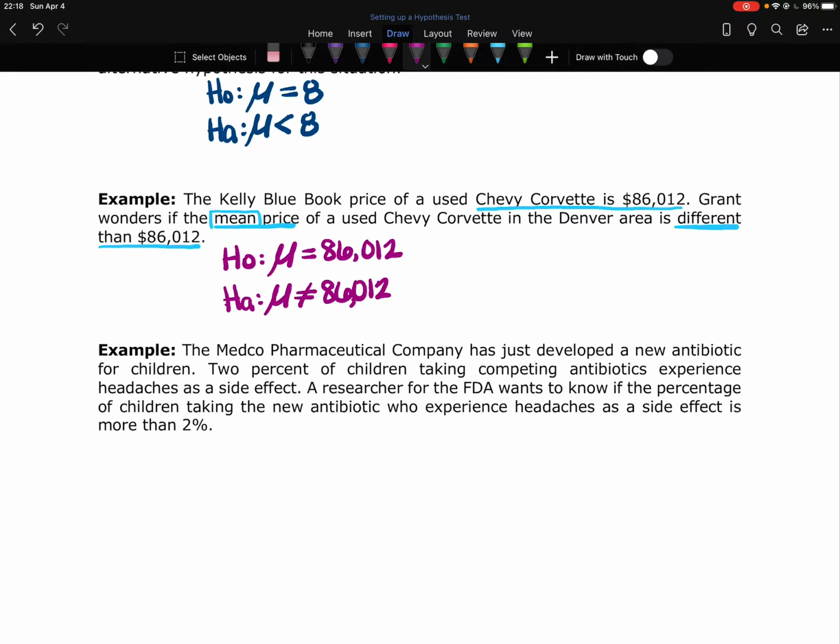And then the last one, the Medco Pharmaceutical Company has just developed a new antibiotic for children. 2% of children taking competing antibiotics experience headaches as a side effect. A researcher for the FDA wants to know if the percentage of children taking the new antibiotic who experience headaches as a side effect is more than 2%.